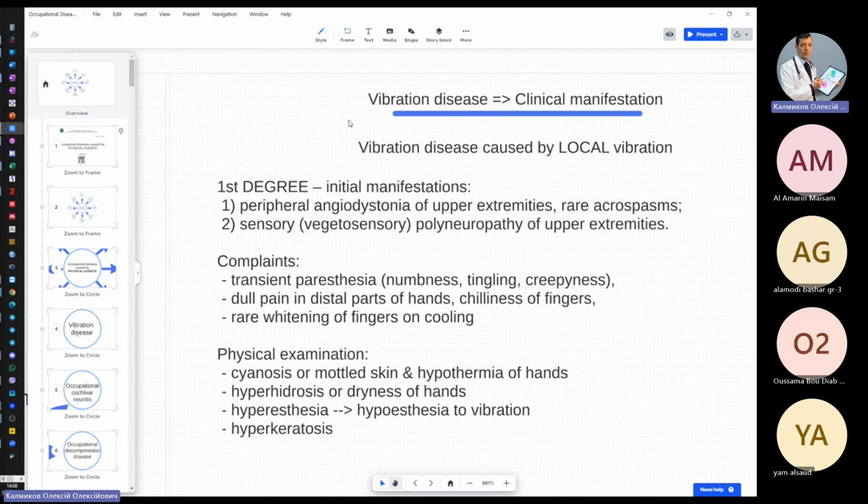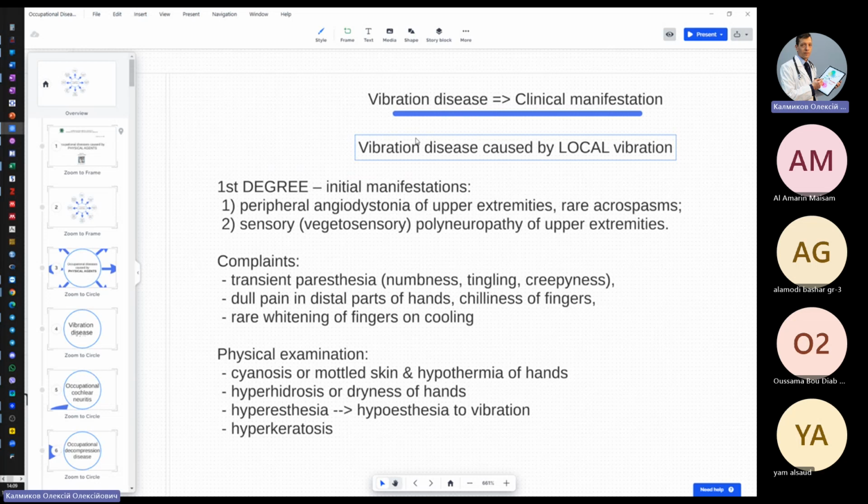There are no strict differences stated, but on average, from my experience at least, if the attacks of acrospasm appear maybe once or twice per week, we would state it as often already.